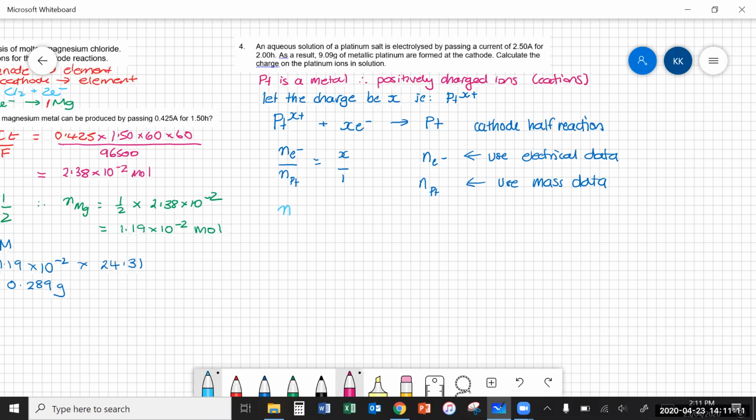So moles of electrons is equal to IT on F. We've got 2.50 as our current, 2.00 hours times 60 for seconds, over the Faraday constant, which is 96,500, and that comes out to 0.187 moles.